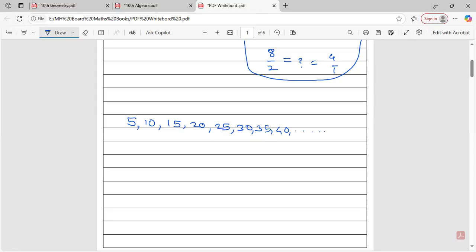Now tell me what is the speciality of this sequence? Common difference is same. You choose any two consecutive terms, 35 minus 30, or 30 minus 25, or 10 minus 5. You are going to get the same result.